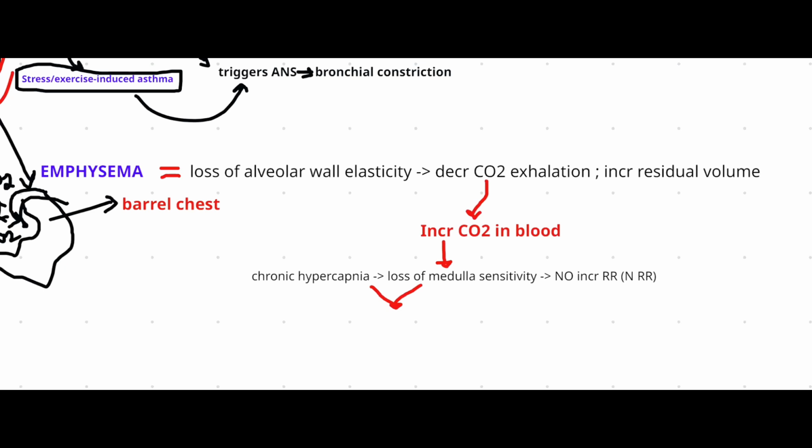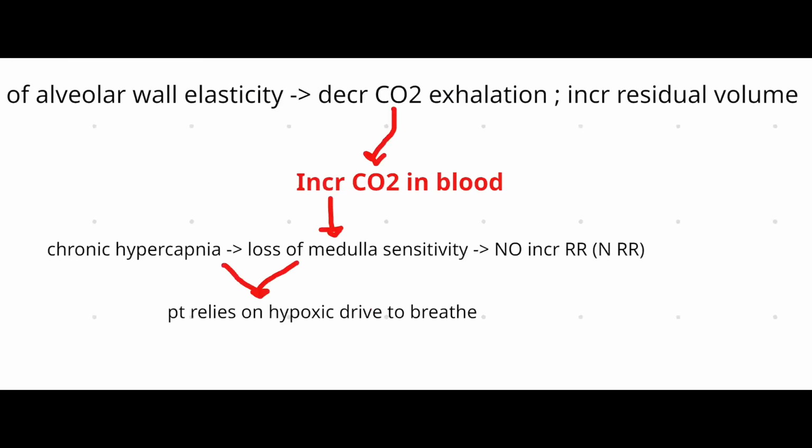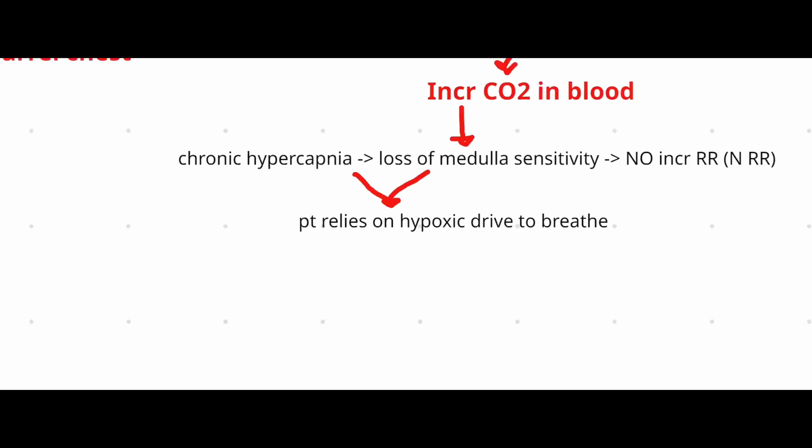If the O2 is low, they increase their respiration. If the O2 is high, then what happens? They stop breathing. Okay, so let's put that on there so you guys are aware. So if there's low O2 equals increased respiration. If there's high O2, that equals decreased respiration.